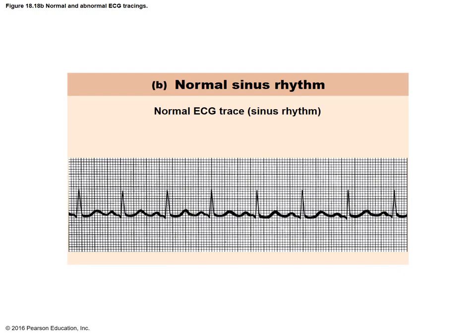Nice, steady, consistent, regular heartbeat. The spacing between each of those, and oftentimes it's easiest to measure from one R to the other R, is very consistent, so that tells you it's a very regular heart rate.